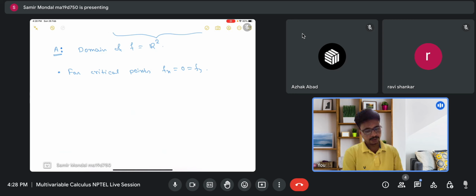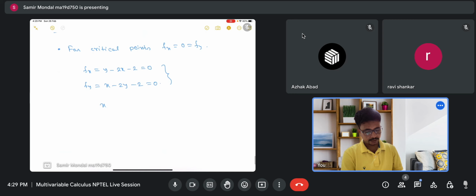So what is f of x? It is y minus 2x minus 2, and this should be 0. And f of y is x minus 2y minus 2, which should be 0. If you calculate these, we will get x equal to y equal to minus 2.